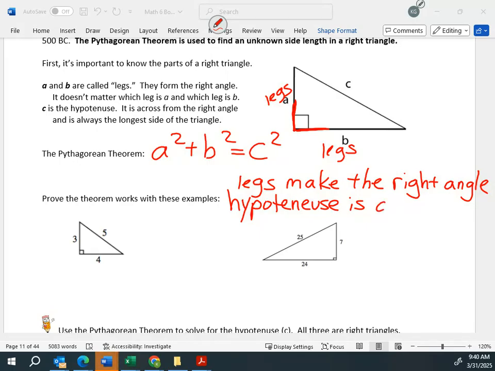The hypotenuse is directly across from the right angle. So when we're looking at that right angle, it's directly across from it. So it's like that right angle is pointing to the hypotenuse, to that C.